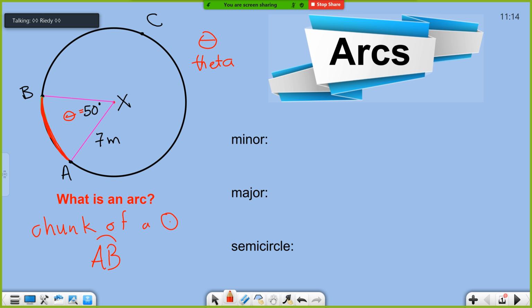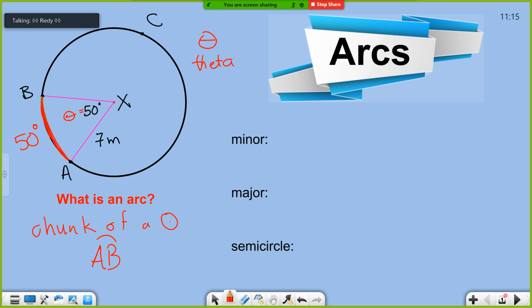And those angles correspond to the angle at the center of the circle. So notice, if this angle BXA is 50 degrees, then this arc would also be 50 degrees. And again, that's called the arc measure. If the arc is 50 degrees, the angle is 50 degrees. If the angle is 50 degrees, the arc is 50 degrees.